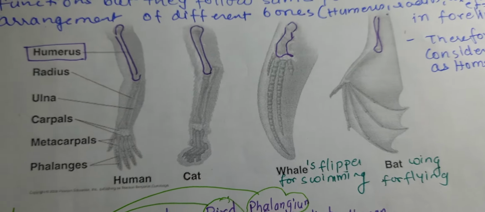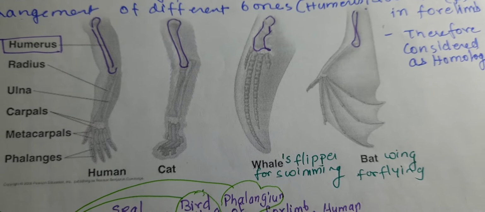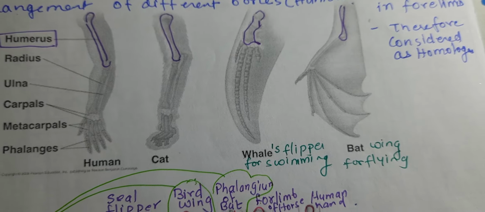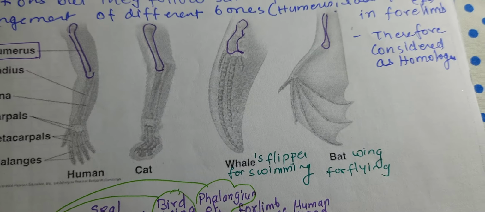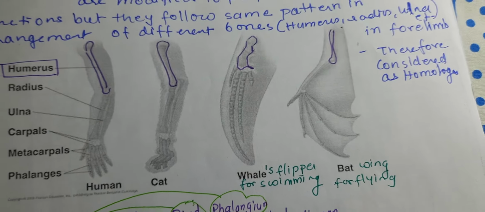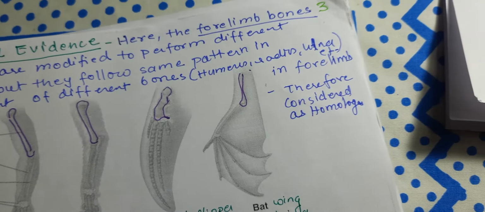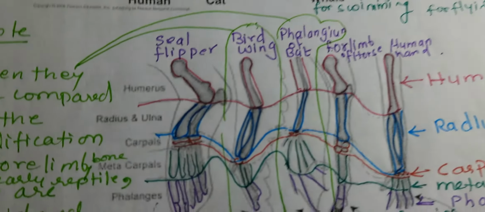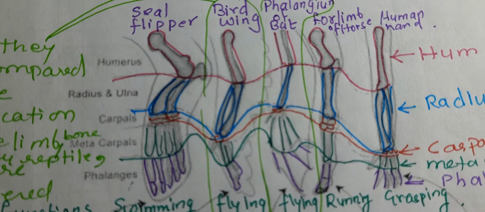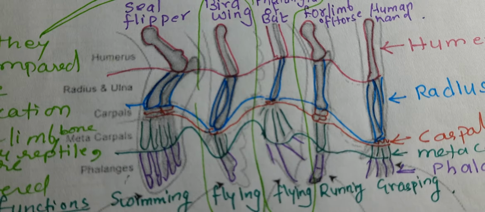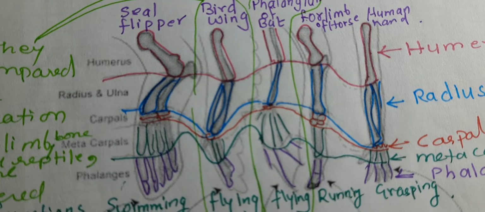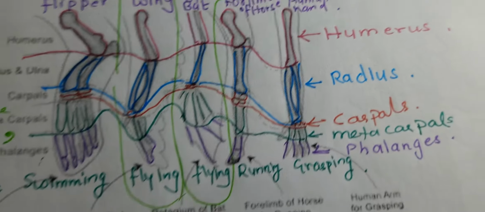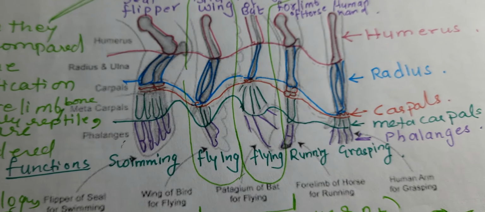But the human hand is used for grasping, the whale uses its flipper for swimming, the bat uses its wing for flying. So functions are different. Now here again you can compare the humerus, the radius, the ulna, carpals, metacarpals, phalanges, which are there in all.